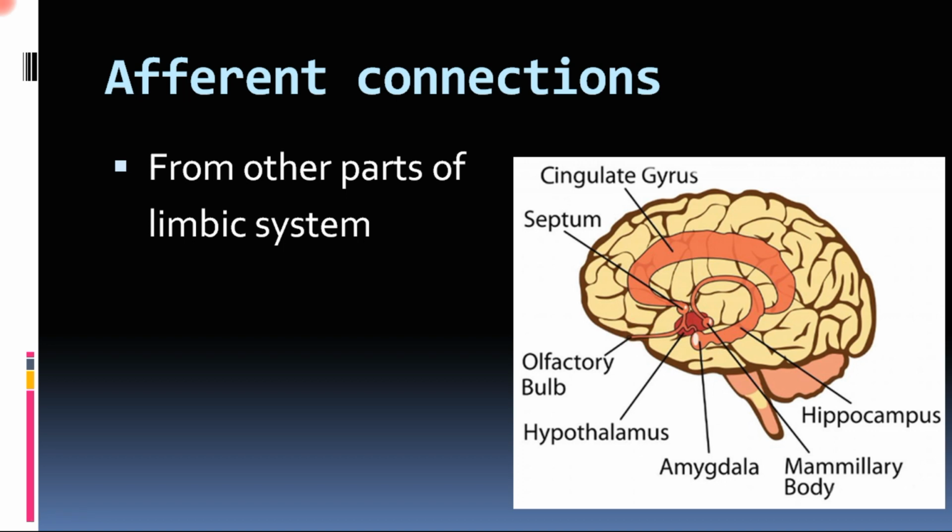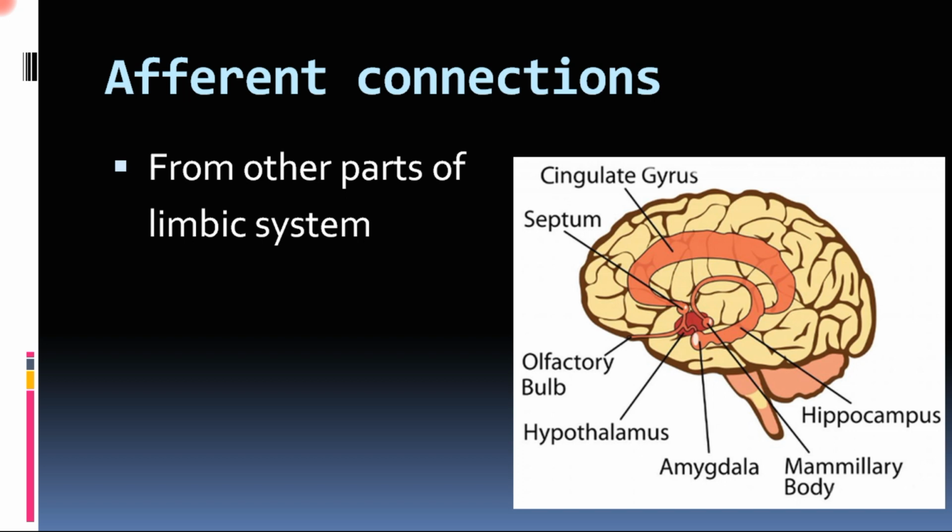From the other areas of the limbic system, the hypothalamus receives afferent impulses, or inputs, so that it can perform its integratory function and then send its output for an appropriate response.